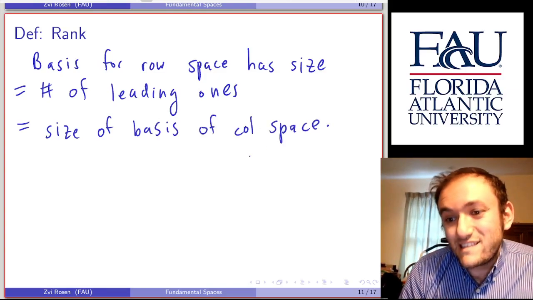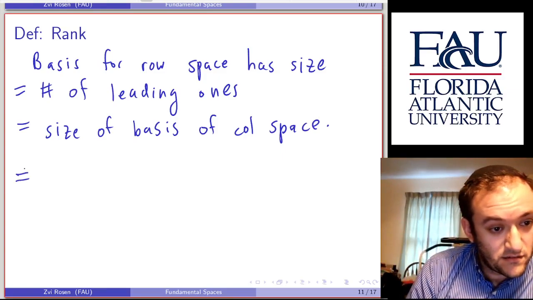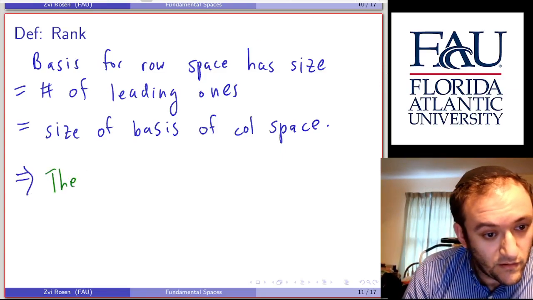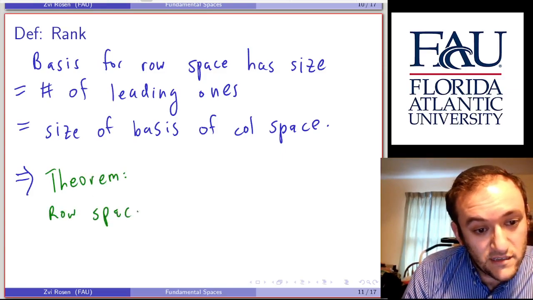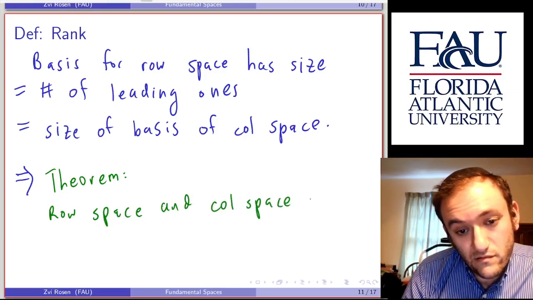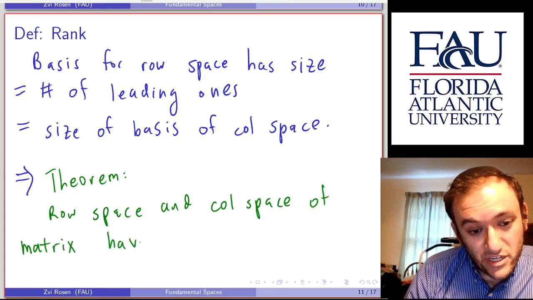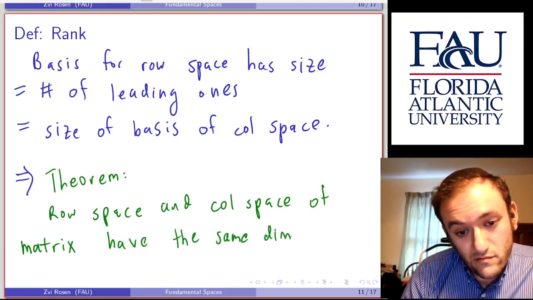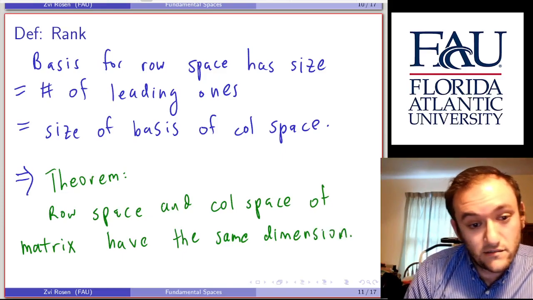OK, what that tells us is that the row space and the column space of a matrix, and we can write this as a theorem: the row space and column space of a matrix have the same dimension. Because as you'll recall, dimension is just the size of the basis.